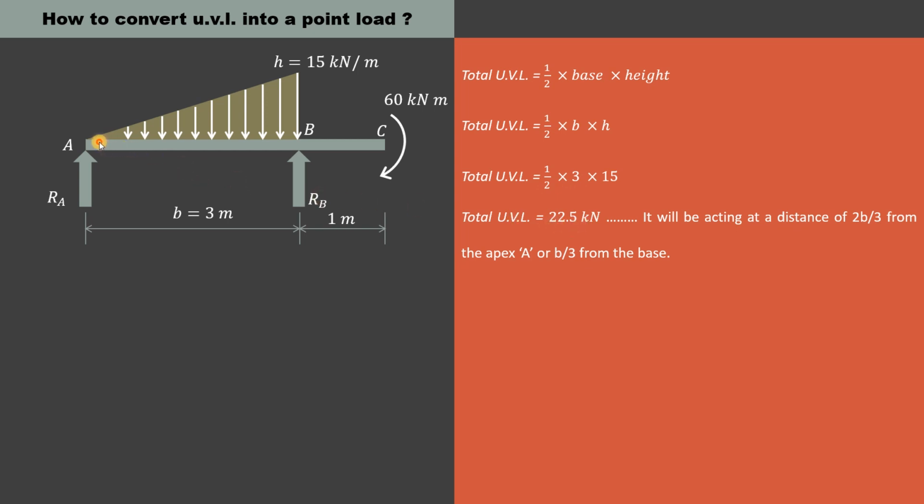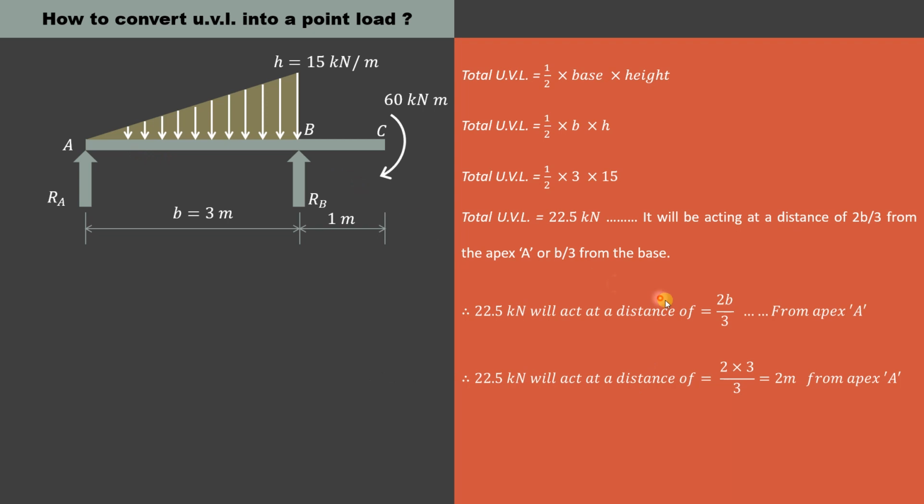Now as this is a triangular distribution, this particular UVL which we have converted into a point load will act through the CG of the triangular distribution, and we know that the CG will be acting at a distance of 2b by 3 from the apex A, or b by 3 from the base. So we can say that this 22.5 kilonewton total UVL load will act at a distance of 2b upon 3 from the apex A. Now substitute the value of b, which is 3.